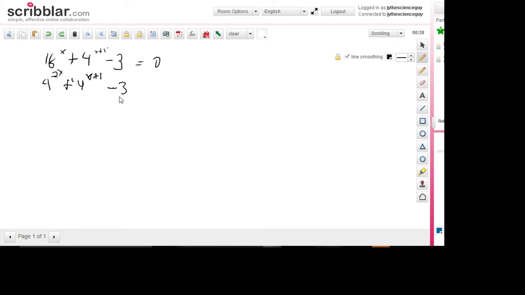Trying to think about, do I write this as x squared plus x plus 1 minus 3 equals 0? Or do I write this as, if I take the ln of everything, then that's going to be... I know that that thing is squared. Hold on, give me a second.